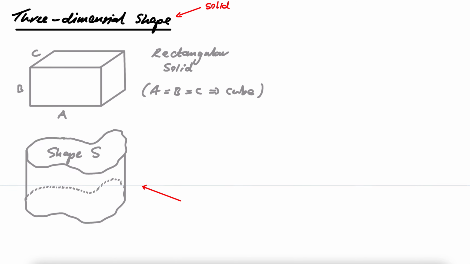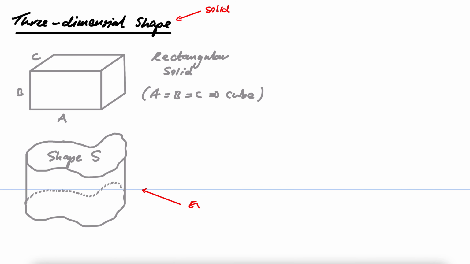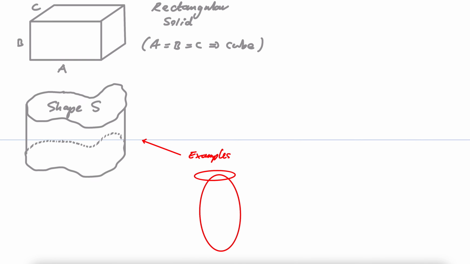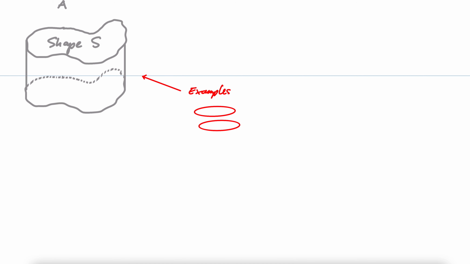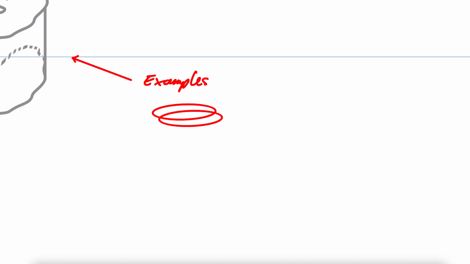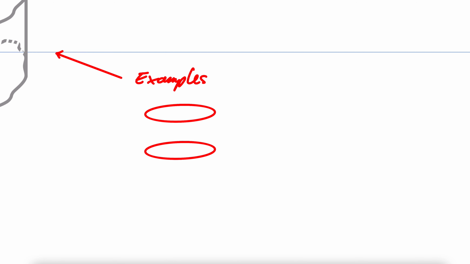So it's this basic shape. It's nice to be able to do this pretty neatly. So that's called a cylinder.